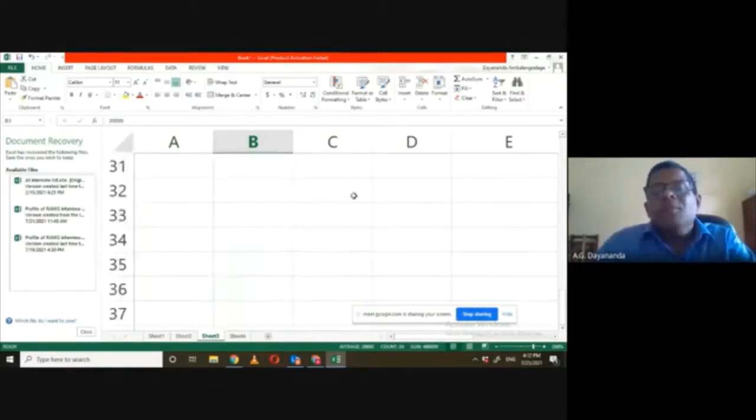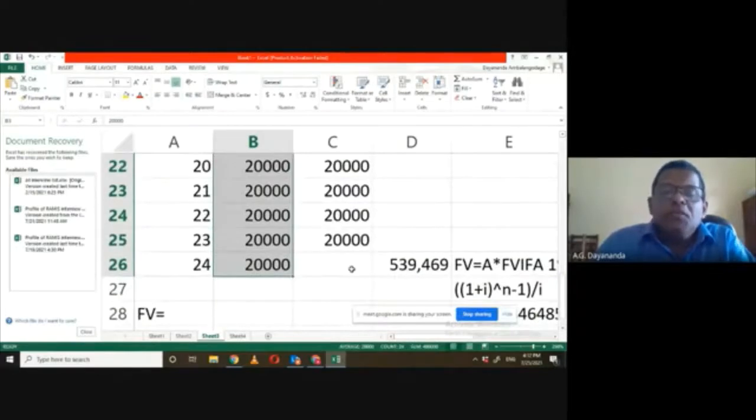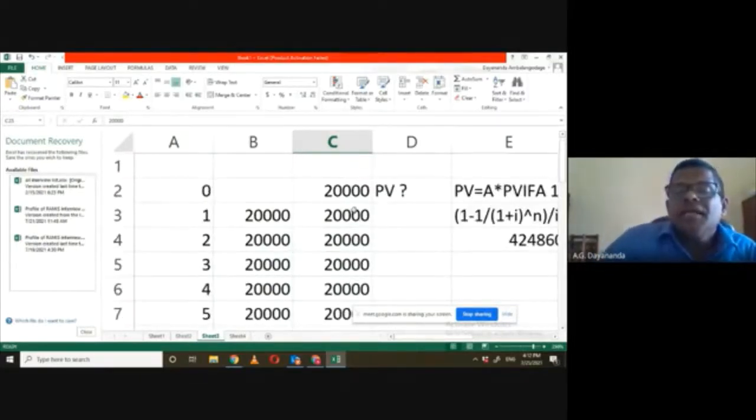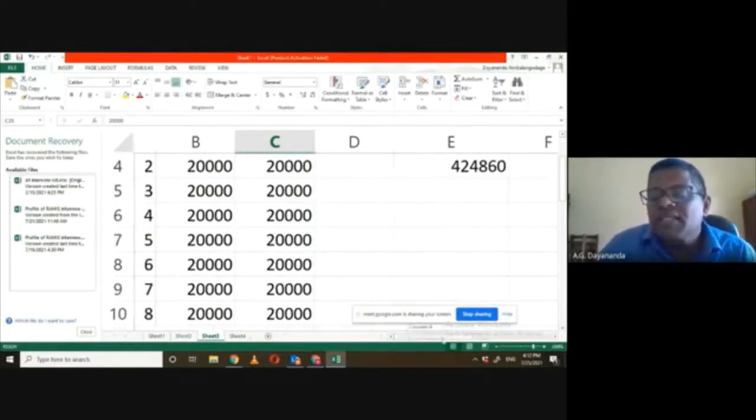But the last deposit you get is not at the 24th month end, you get it at the 24th month beginning. 24th month beginning means 23rd month end. Right? So cash flows would be like this. So what would be our logic?